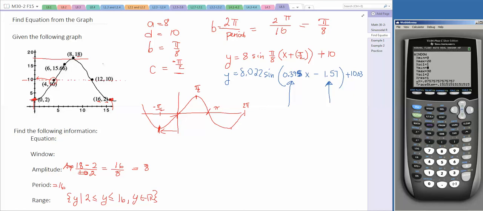And then we don't need to go as high as 30 this time. Let's go to 20, and we'll go up. Oops, sorry, that's 0 to 20. There we go. And we'll go up in ones. And let's graph. There's our data, and then there's our equation.